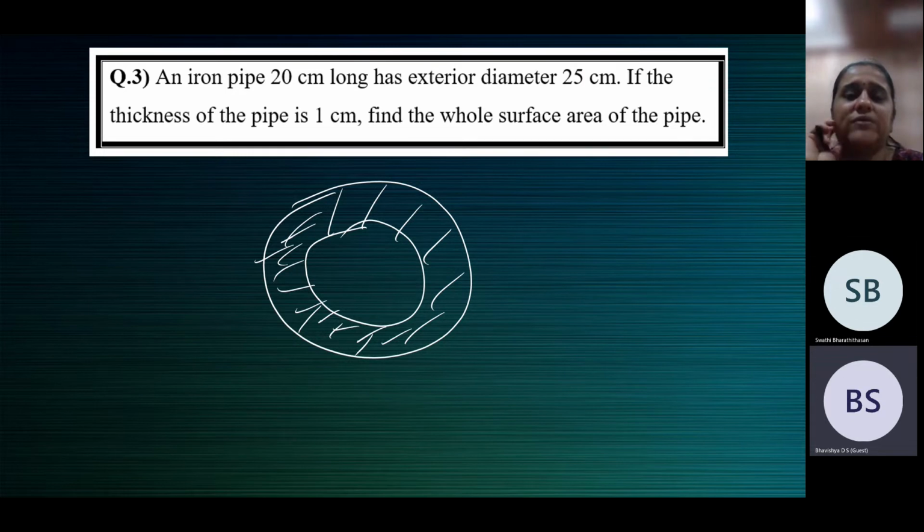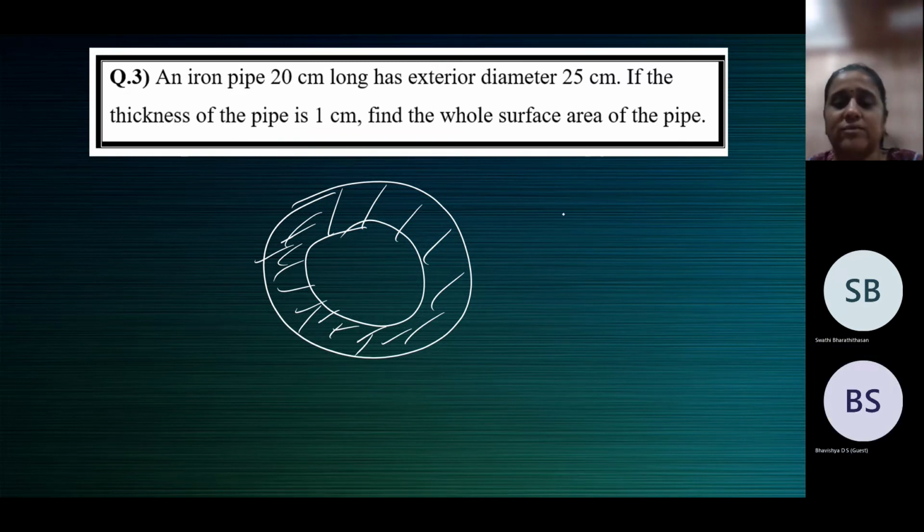Now here it is the area between two circles. I got the answer from you. You told it right. So it's the area of the outer circle. Outer circle has outer radius, capital R, and inner circle has inner radius, small r.